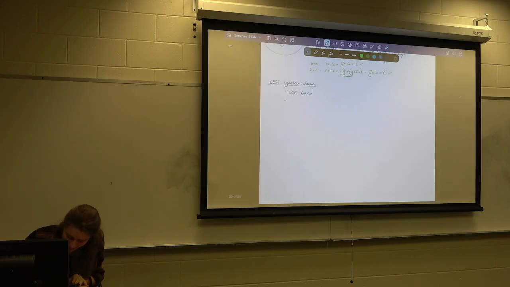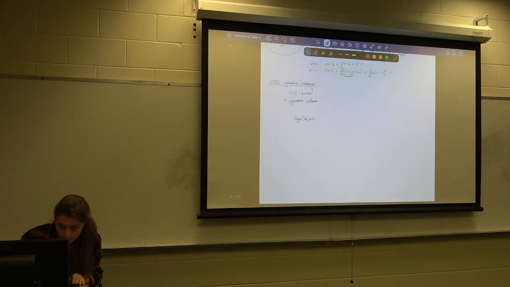Formally, this is specified by signing algorithms and verification algorithms. I need a way to sign, and signing is going to be done with a secret key. You can only sign if you have access to a secret key.